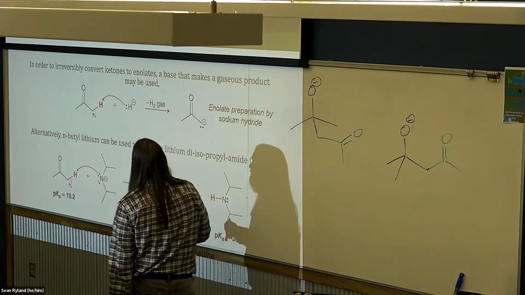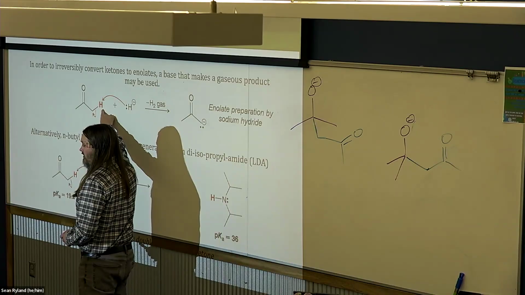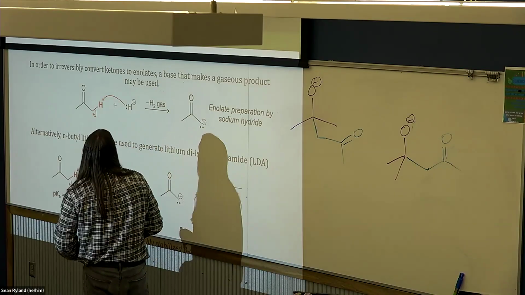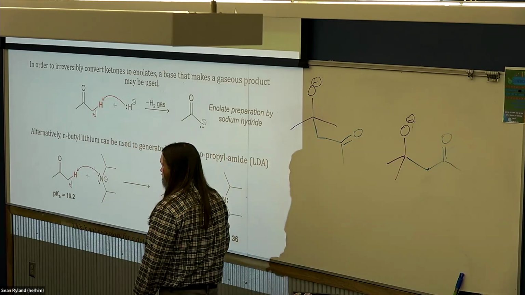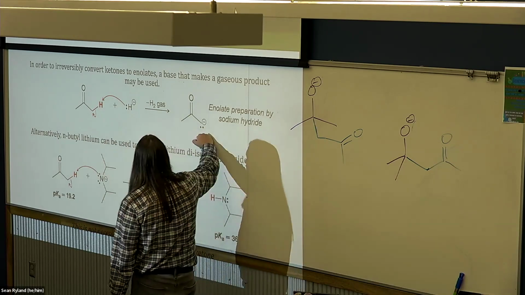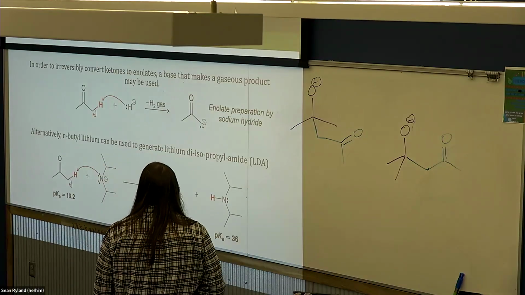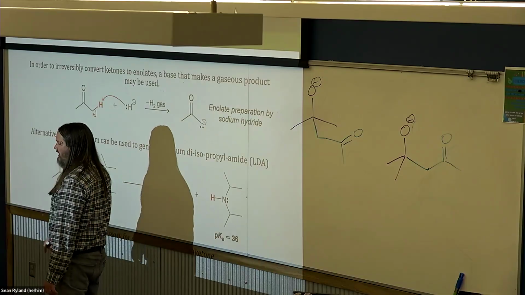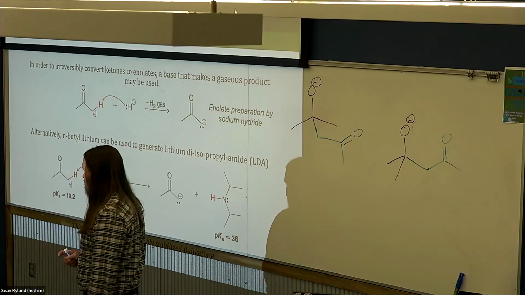If we use sodium hydride, the hydride is a really strong base, grabs the hydrogen from the alpha carbon, and makes hydrogen gas, which then leaves as a gas. That gives us an enolate that's pretty stable. Or we have to use a nitrogen base, because those have much higher pKa values.